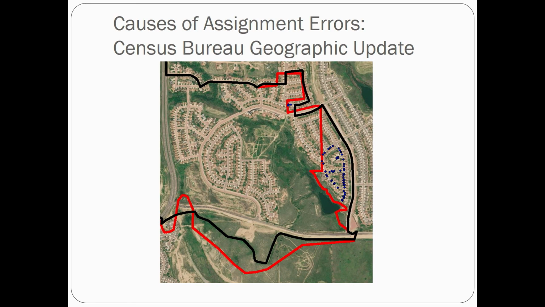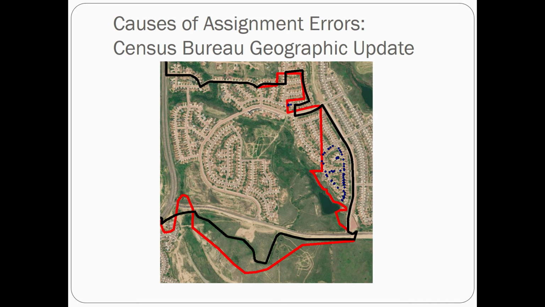Some have to do with the property of the data themselves, and this is a rather esoteric example, but it actually happened. The census geography itself gets updated. Throughout the decade, the census is looking at modifying and having more accurate boundary data.